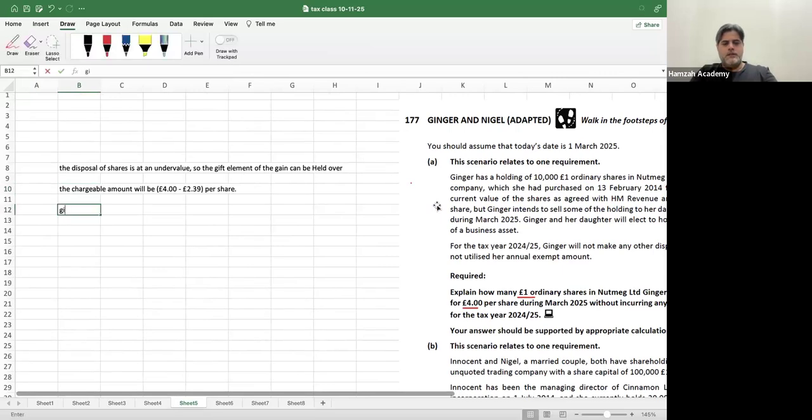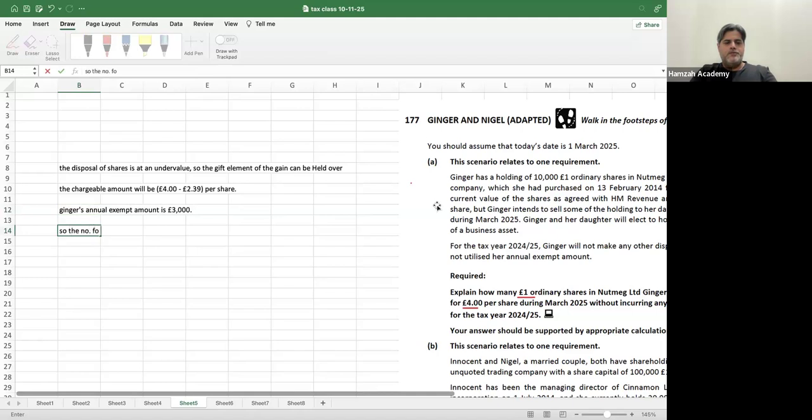Then Ginger's annual exempt amount is £3,000.